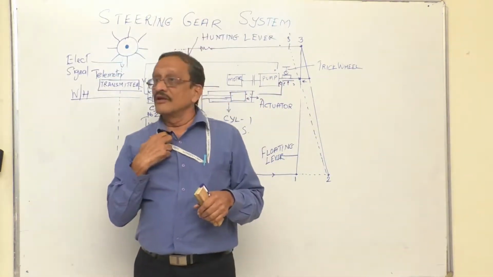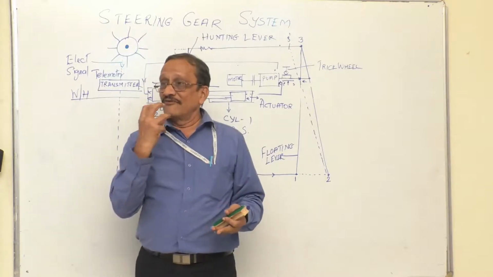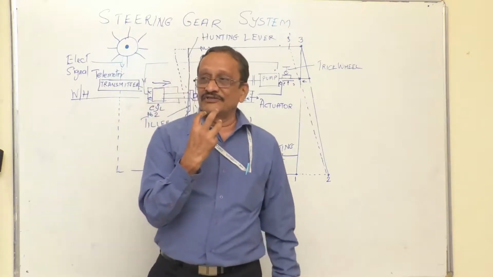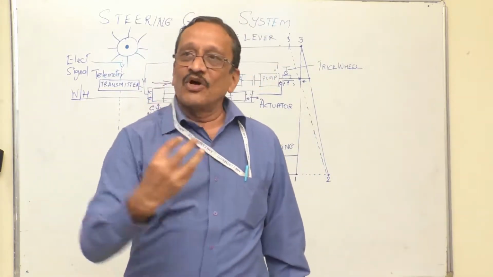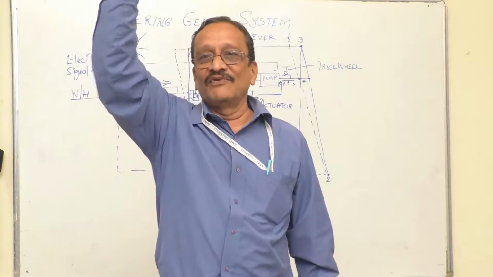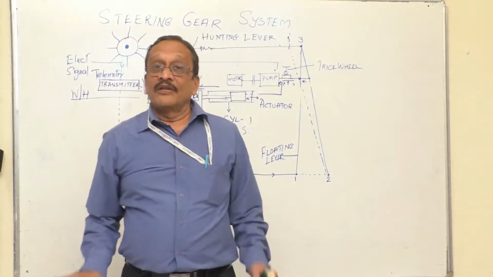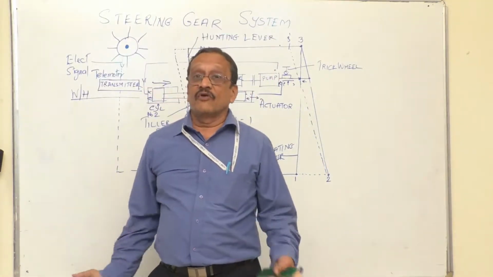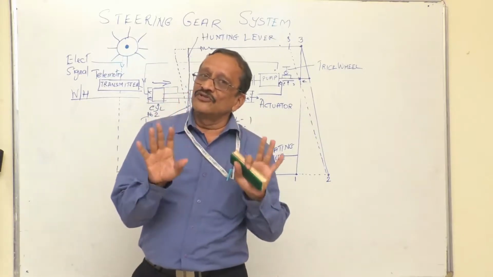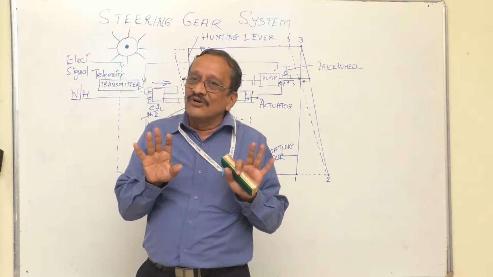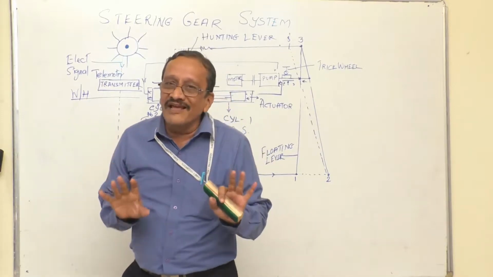And of course, if you are in one of those older ships, you do have your mouthpiece, or voice pipe. This voice pipe is between the wheelhouse and the steering compartment. But then you may say, sir, in the present day we can also use walkie-talkie. Fine. But before using your walkie-talkie, please ensure that it is not one of those grey areas.